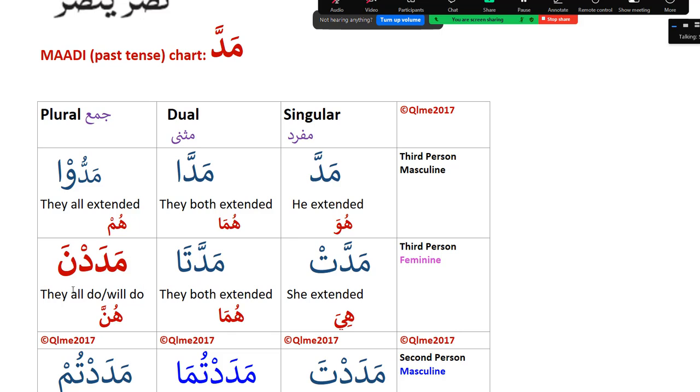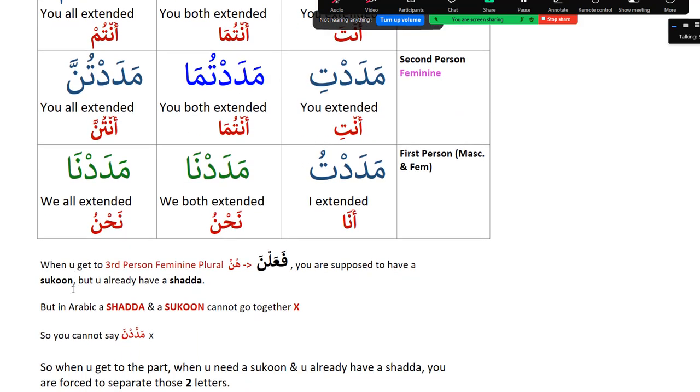Now for fa'alna or nasarna, when you go to the third person feminine plural hunna, it should have been fa'alna or nasarna. You're supposed to have a sukun, right? Fa'alna. But if you take madda, you already have a shadda. But in Arabic, a shadda and a sukun cannot go together. So you cannot say maddadna. This is not possible.